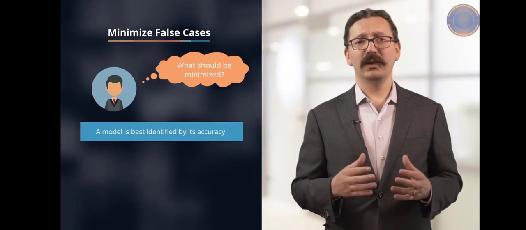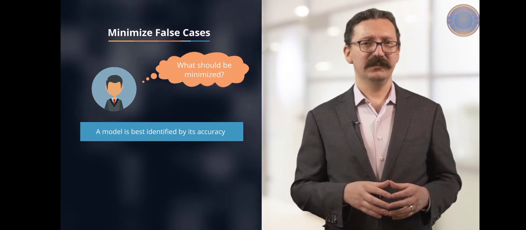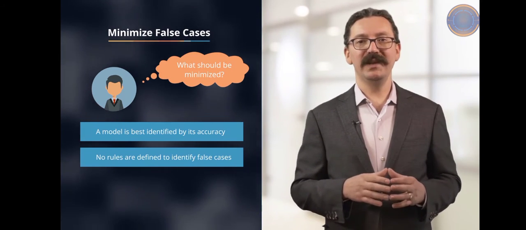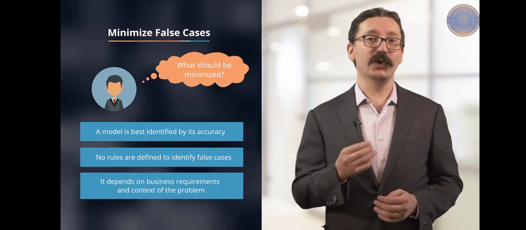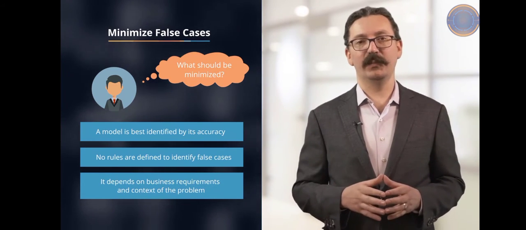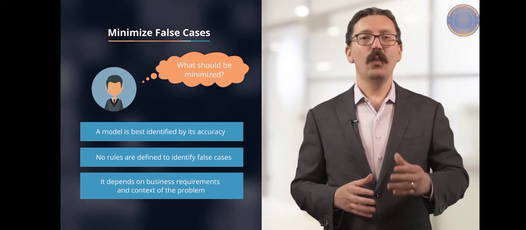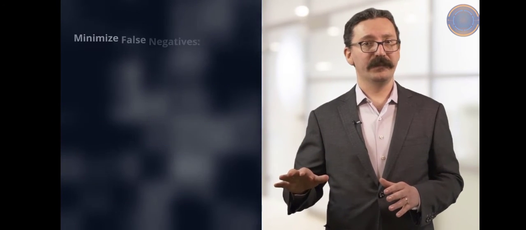That is the model classifying incorrectly as compared to the actual class. There is no hard rule that determines what should be minimized in all situations. It depends mainly on the business requirement and the context of the problem to be solved. Based on that, we might want to minimize either false positives or false negatives.